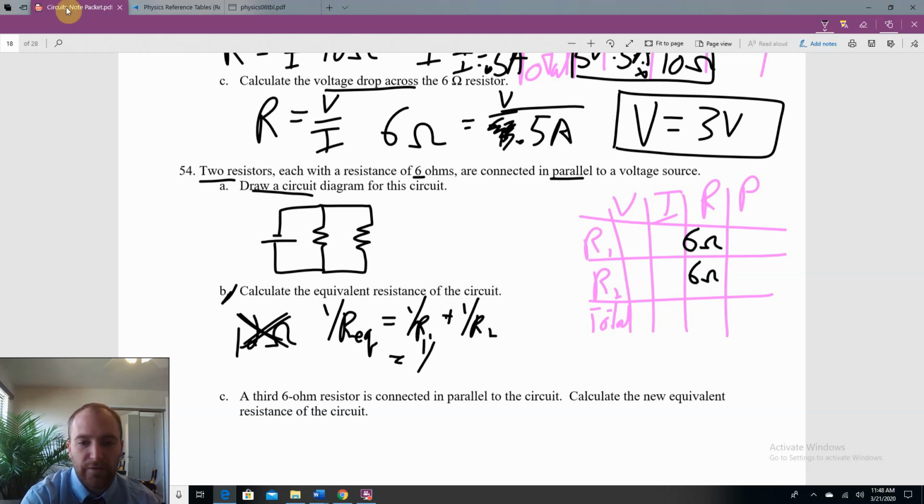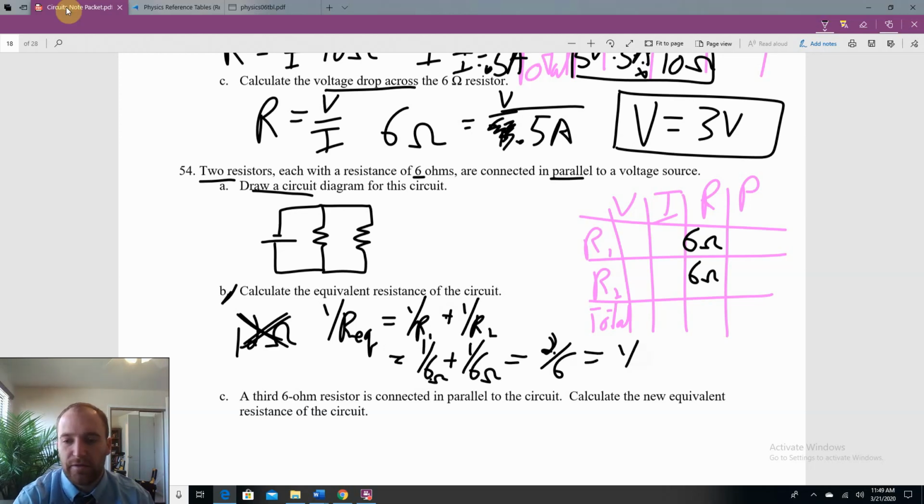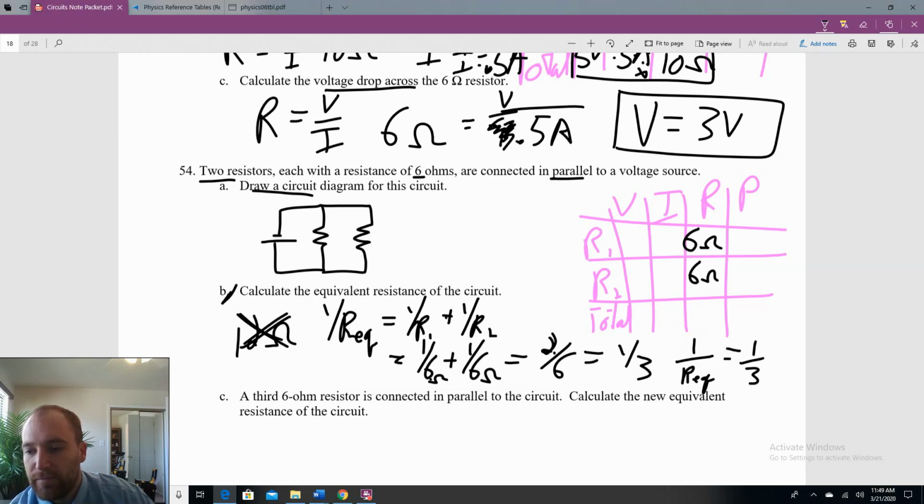Alright, plugging in 1 over 6 plus 1 over 6, ohms the unit. 1/6 plus 1/6 is 2/6. Simplifying gives you 1/3. Now remember, that's not Req, that's 1 over Req. So 1 over Req is equal to 1 over 3.